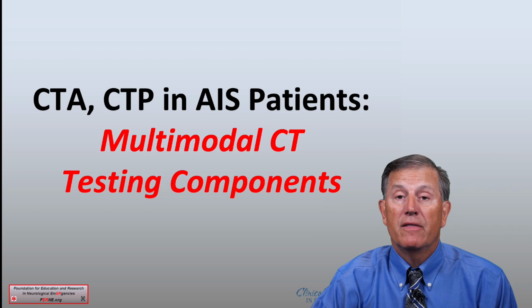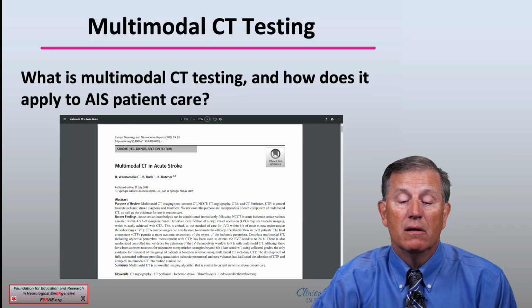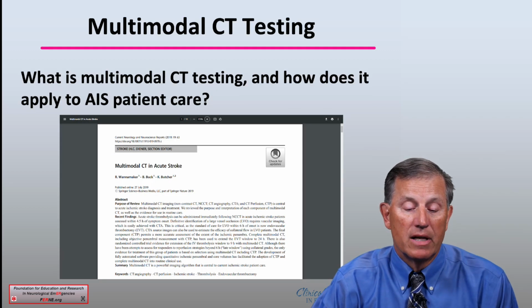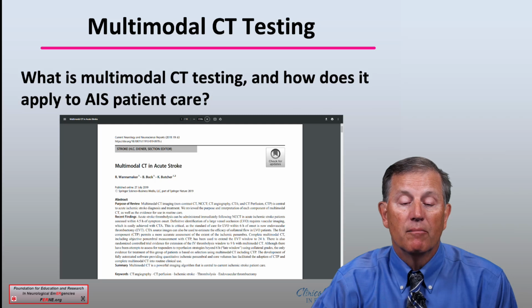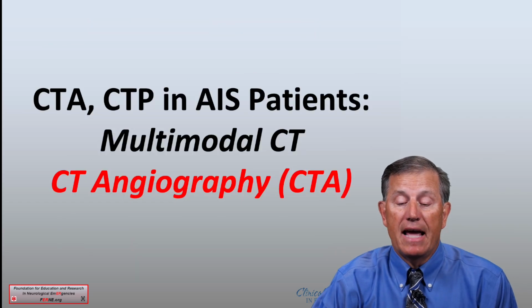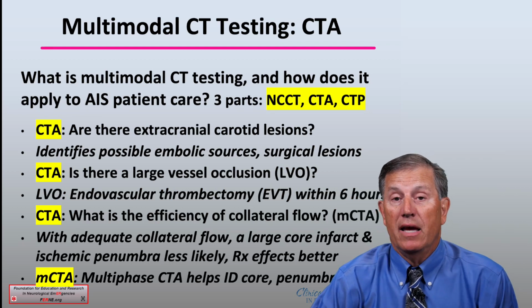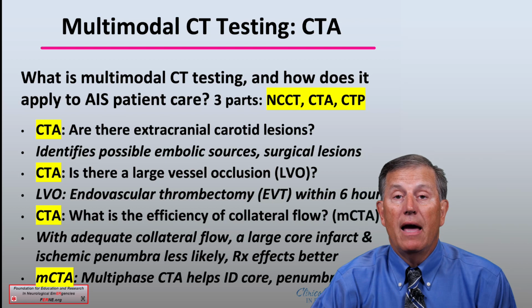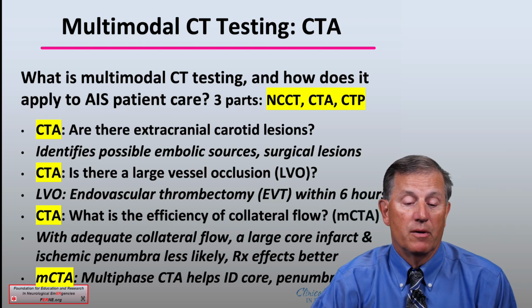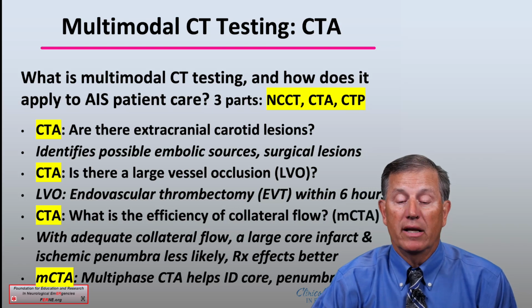In considering these components, the second one from this article listed here by Wanamaker, we consider CT angiography, CTA. So when considering CTA, which is a study of the anatomic structure of the vessels in the brain and surrounding the brain, the first question is, are there extracranial carotid lesions?